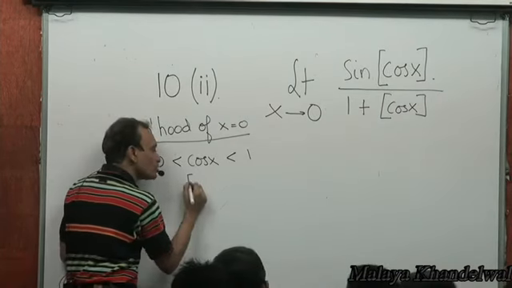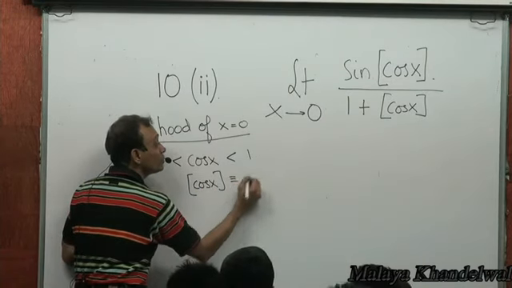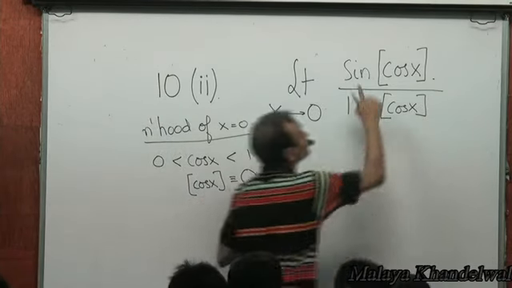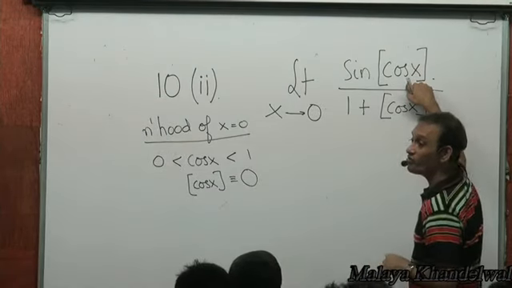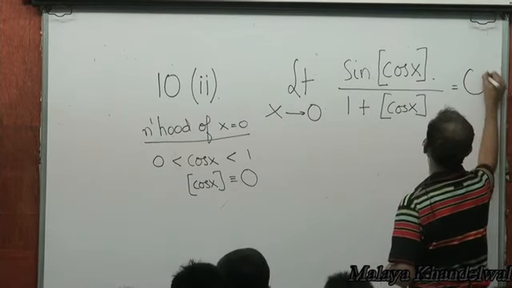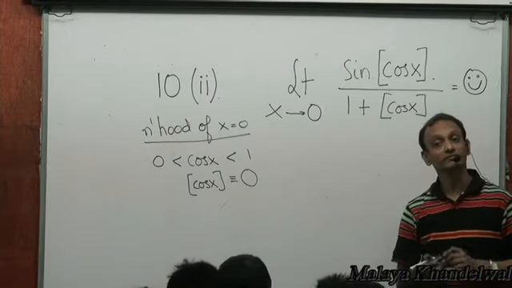Right? So box of cos x in the neighborhood of 0 will be identically 0, will not tend to 0, will be identically 0. So the numerator would be identically 0, the denominator would be identically 1, so this limit would be 0. Right?